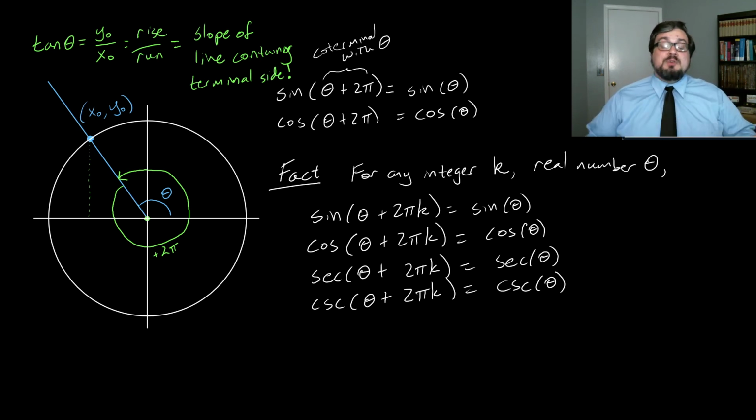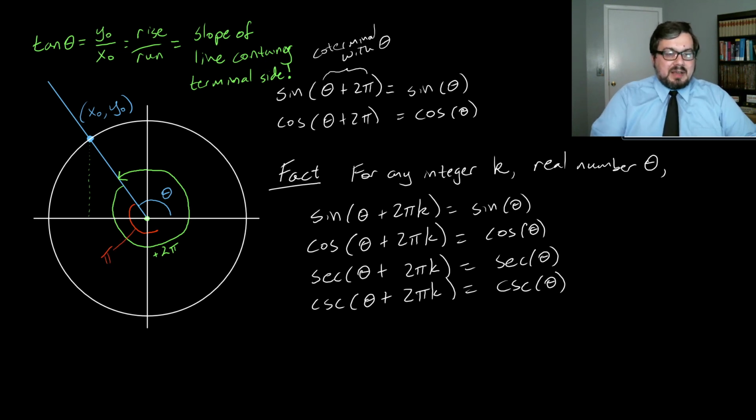We have that cosine gives the x coordinate, sine gives the y coordinate, and tangent gives the slope of the line through that point.